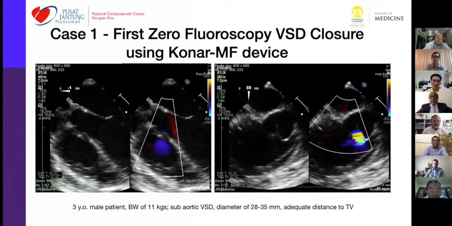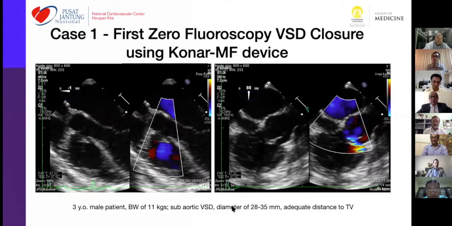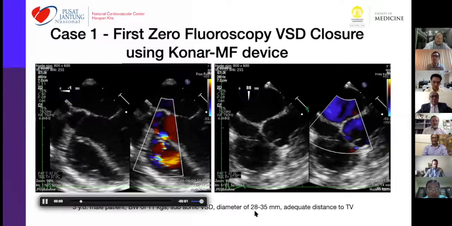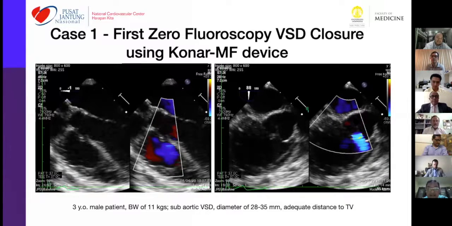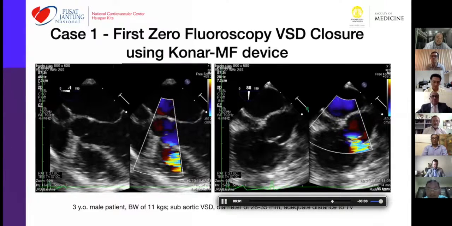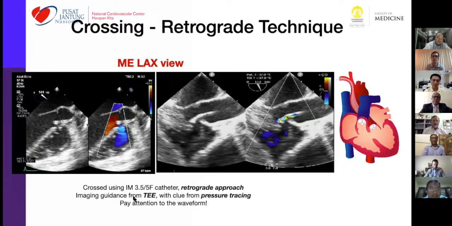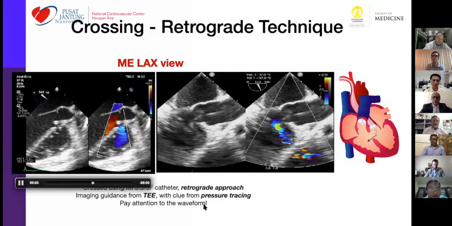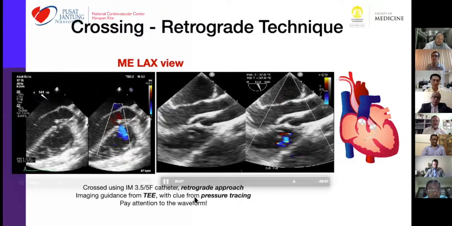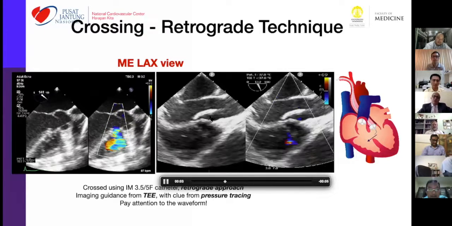This is the first case, a 3 year old patient, 11 kilograms, with a PmVSD of 2.8 millimeters, and the distance from the tricuspid valve is okay. We use the launcher Judkins right 3.5, and when the catheter crosses the aortic valve, we can go directly into the VSD.